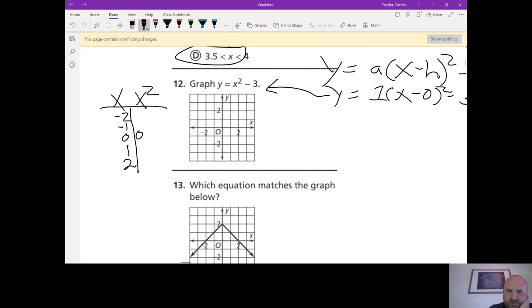Okay, so 0 times 0 is 0, negative 1 times negative 1 is 1, negative 2 times negative 2 is 4, 1 times 1 is 1, 2 times 2 is 4. So that's the point of origin, and then 1, 1, negative 1 and 1, 2 and 4, negative 2 and 4. And that's the parent function.